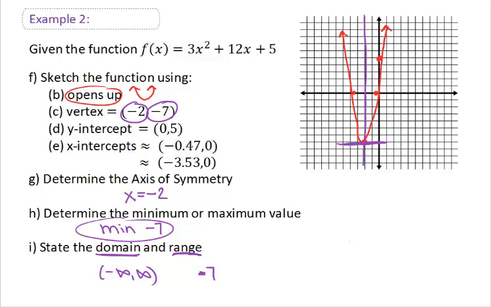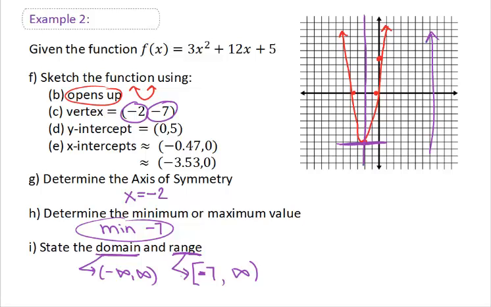And this graph goes forever in the up direction. So the highest part of this graph is infinity. Infinity is, of course, a parenthesis, and negative 7 is a bracket, because negative 7 is a point on our graph. So that gives us our domain and our range.